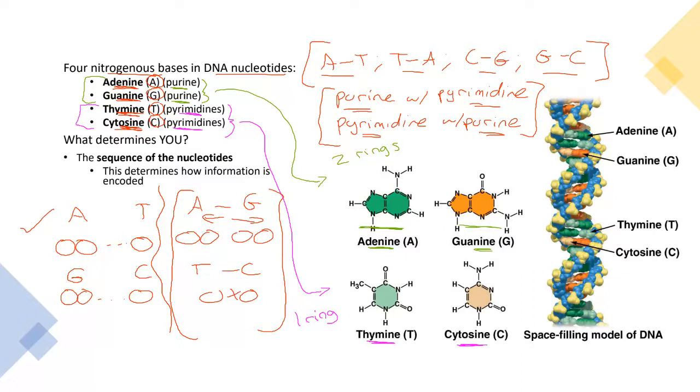It's going to be the sequence A, T, C, C, G, G, A, T. I'm going to give you one strand of DNA, and you will have to give me the other strand, the complementary strand of DNA.